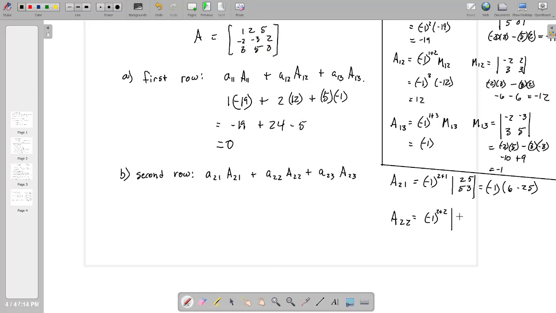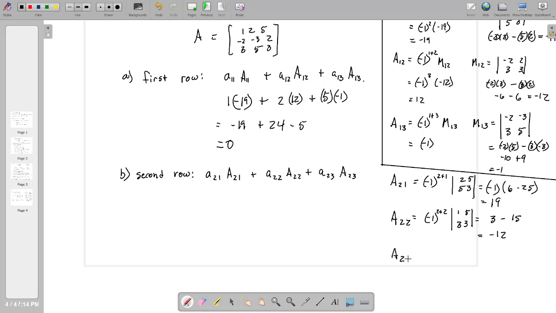So we're looking for the determinant of 1, 5, 3, 3. Now, negative 1 to the 2 plus 2 power is just a positive 1. So we have 1 times 3 is 3, minus 3 times 5 is 15. We get a negative 12. Up here we have negative 19 times a negative 1 is a positive 19.